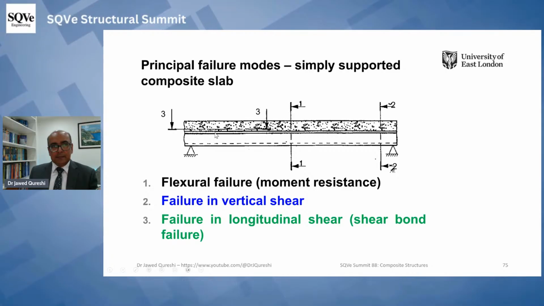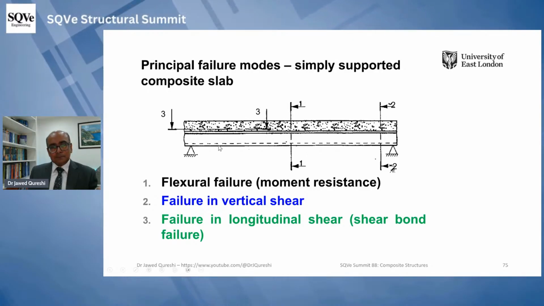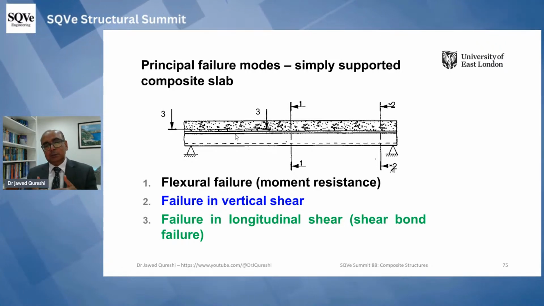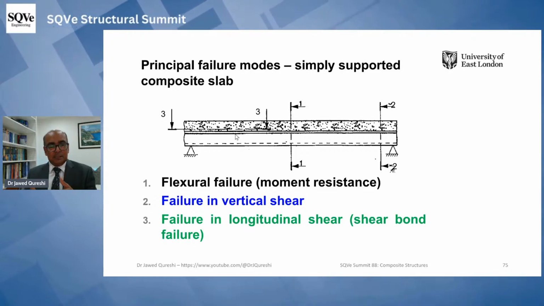In this case, the failure will happen in the shear span over here, which is a quarter span from the supports. Now here we want to avoid this shear bond failure. And the way we find out if the structure is fine in shear bond as well is that we carry out this m-k testing.